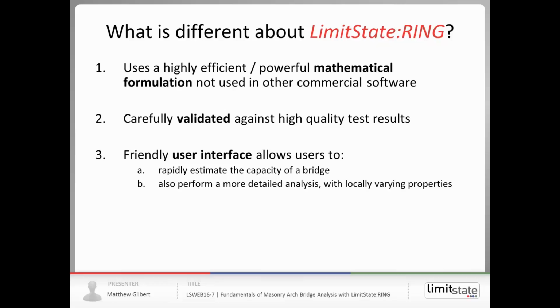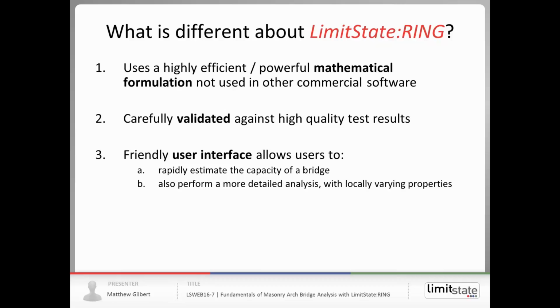It allows us to identify failure mechanisms which are not found using conventional tools. So failure mechanisms, for example, which involve sliding, multiple hinges and sliding releases in combination, etc.